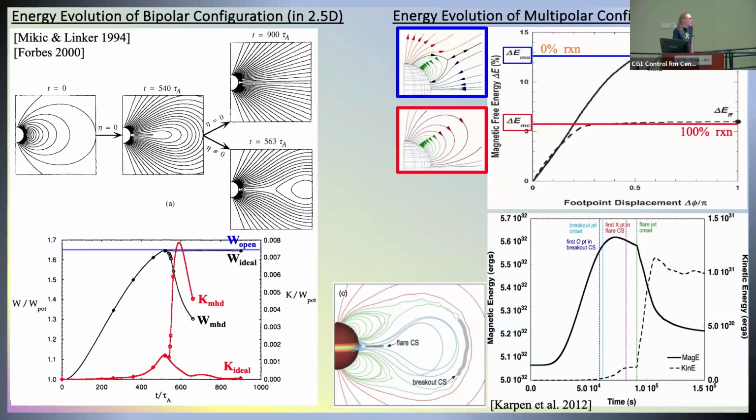Ideal MHD versus resistive MHD. Resistive MHD will have terms that allow magnetic reconnection and dissipation. Ideal MHD does not have those terms. And so in theory, you should never have reconnection if you're solving all of those ideal MHD equations exactly.